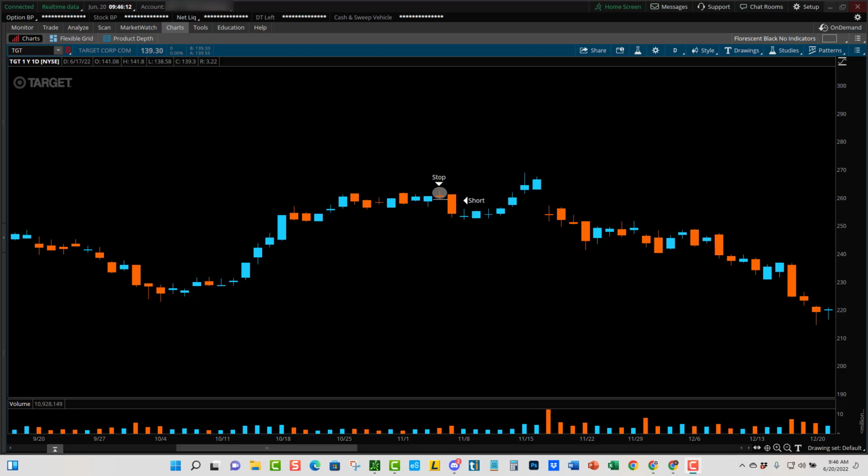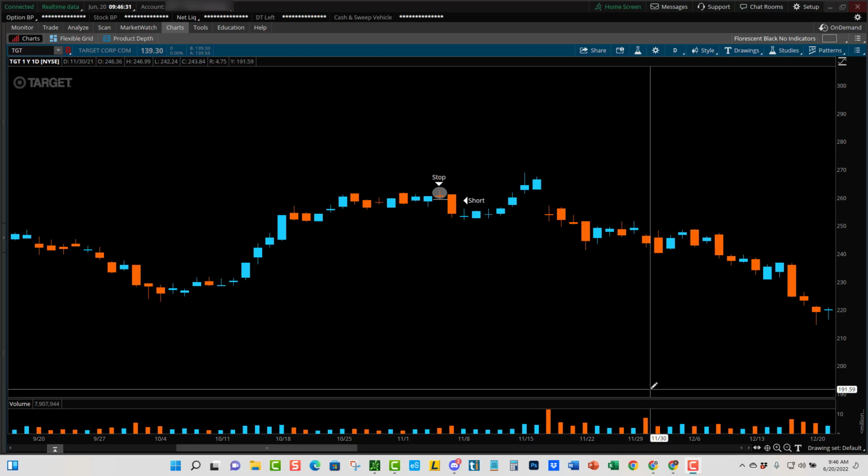So dojis have several different looks. This is just going to be your typical doji, which looks like a plus sign. They have very thin wicks and shadows and real bodies. Bigger real bodies would be called more like spinning tops. But when you look at things like dojis, there's long-legged dojis, gravestone dojis, regular dojis, spinning tops.